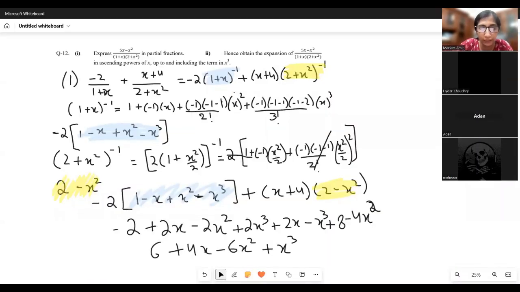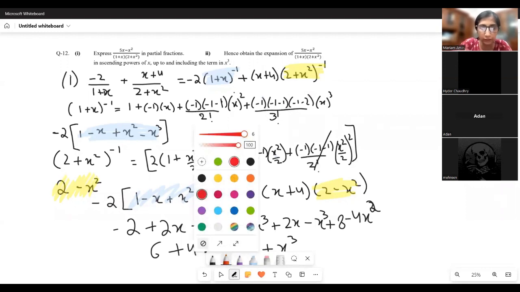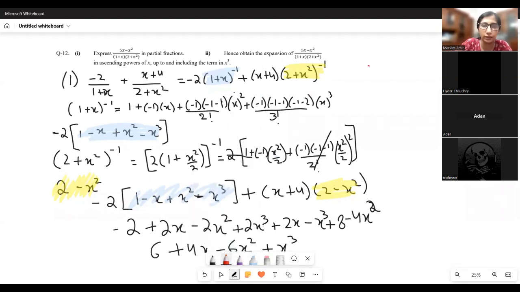So the mistake that I made, as pointed out by Heather, is that I did not give this power minus to the 2 here. So this should have been 2 power minus 1 here, which is actually half. So that would then be divided with half.